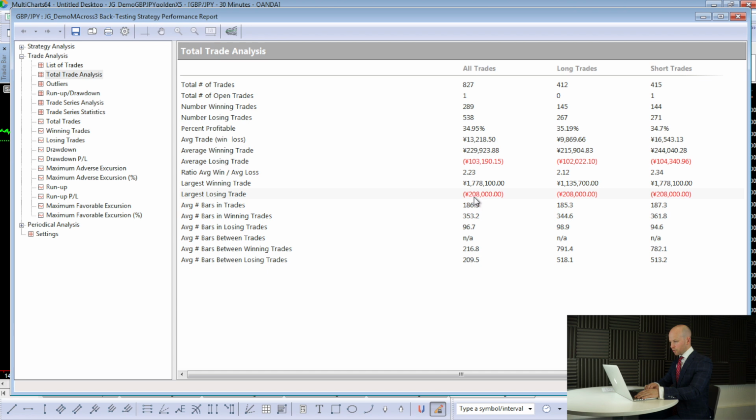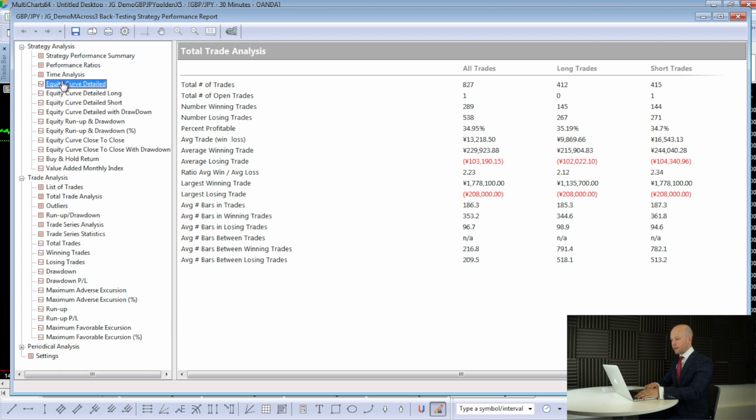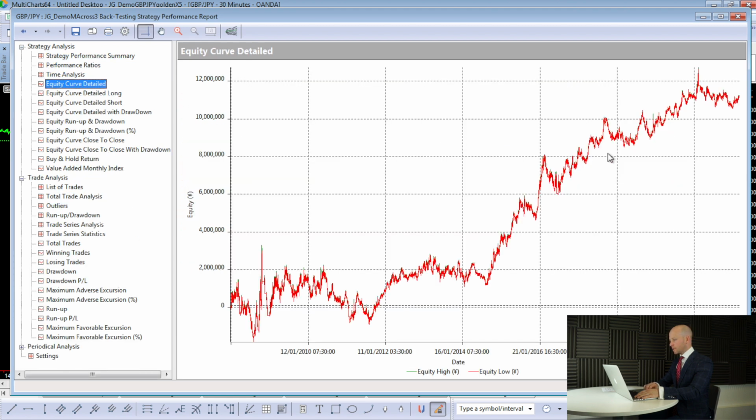The largest losing trade has gone up a little bit because we've got some commissions and slippage in there now. But let's have a look at our equity curve. The equity curve hasn't really changed too much. This period of 2020 has tended to go down rather than sideways, but we've still got these new highs here, and overall it's an uptrending equity curve, which is good.